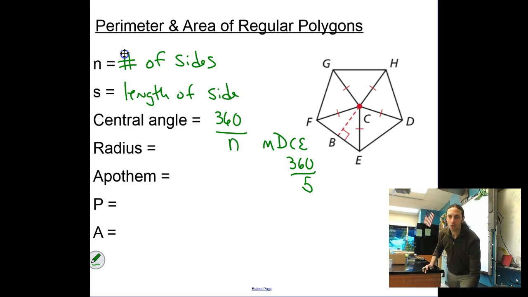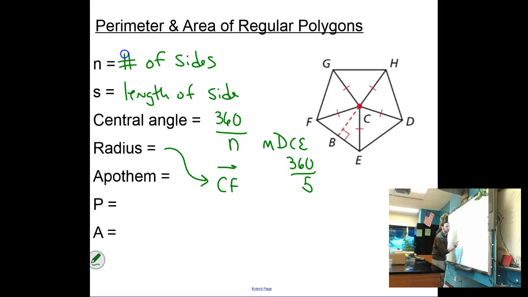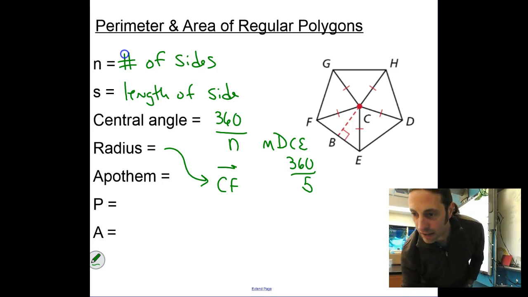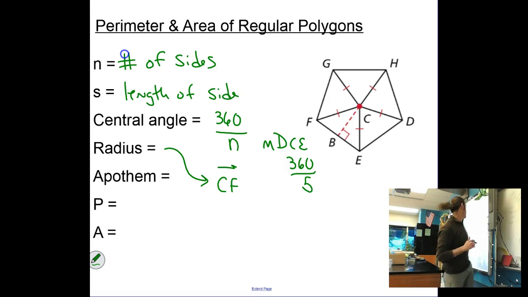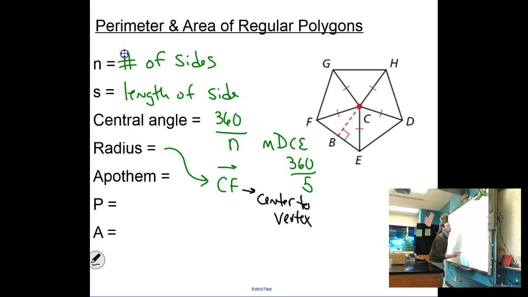A radius, like CF, is from the center of the polygon out to a vertex. Let me highlight that.